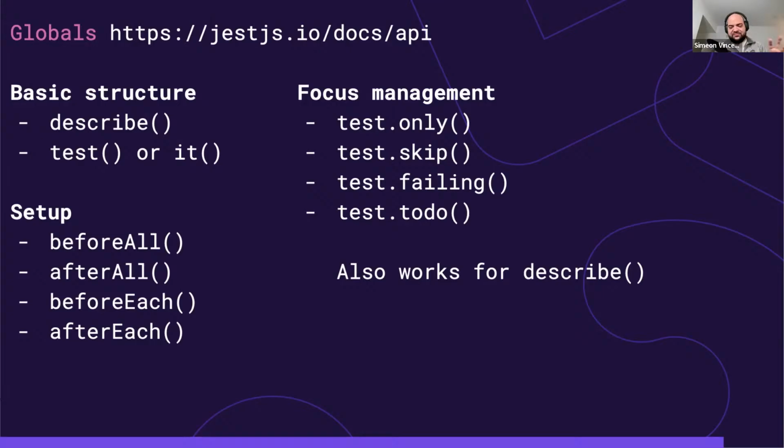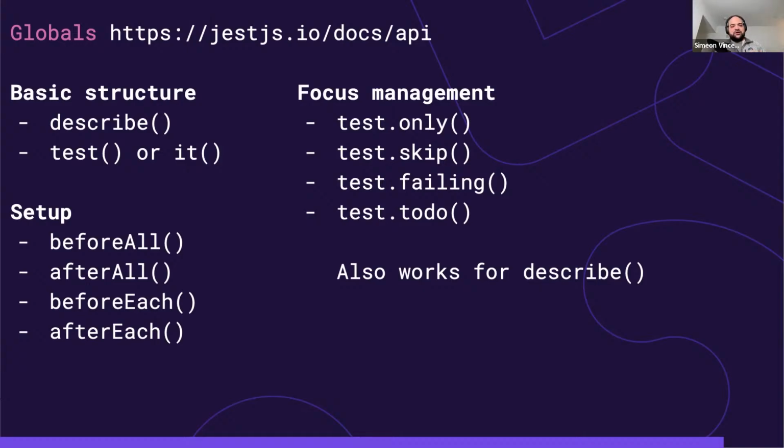In addition to just the basic definitions of how to structure your code using describe and test, there are a number of other things that are incredibly useful. In terms of setting up an environment to make sure that your tests are behaving as expected, you typically want to minimize the amount of side effects, the amount of changes that happen outside of the scope of a function. And in order to make sure that you're working with a clean environment every time, you can use these functions: before all, after all, before each, and after each.